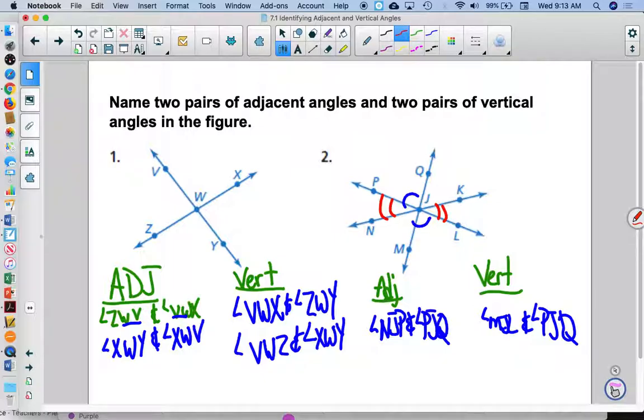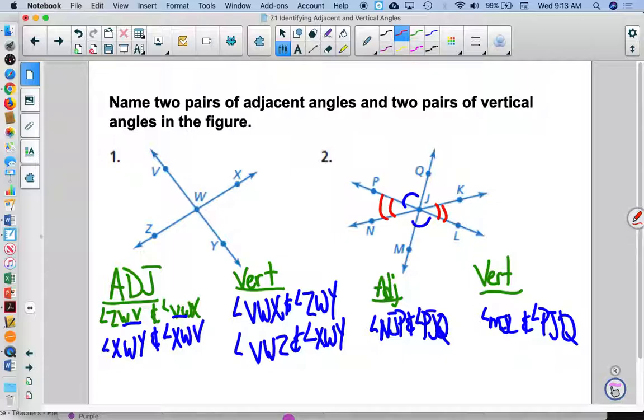Okay? The thing is, if I knew that angle PJQ and angle MJL were vertical, and I knew these two were vertical, and I knew their measurements, could I find the missing measurement here, NJM?